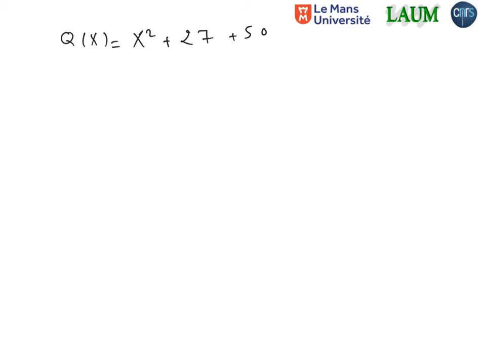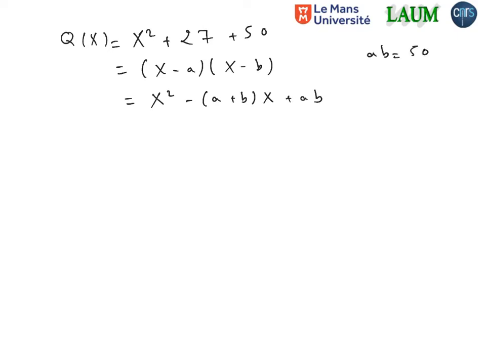So we have several ways to proceed. The first, the most straightforward, even if there is a trick, is to say that this is x minus a multiplied by x minus b. So a and b are the two roots that I'm looking for, and then this is x squared minus a plus b times x plus ab. And then we can see that we have ab equal to 50 and a plus b equal to minus 27.